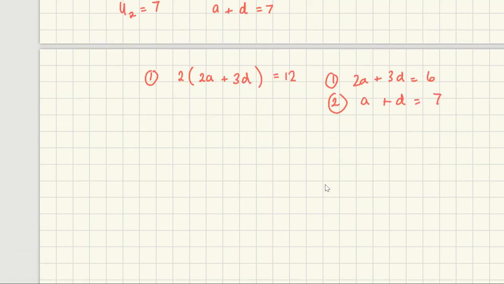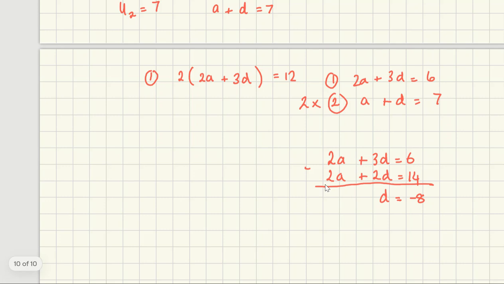You would probably use elimination: multiply one equation by something, then put them together so one falls away. Okay, I'm just going to do times 2, same sort of approach. So 2A plus 3D equals 6, and the second one is now 2A plus 2D equals 14. Because the A terms are the same, I'm just going to subtract. That gives me D must be -8.